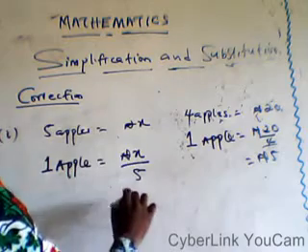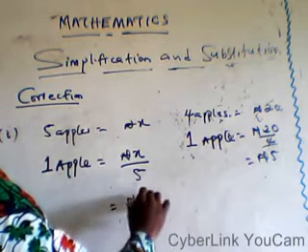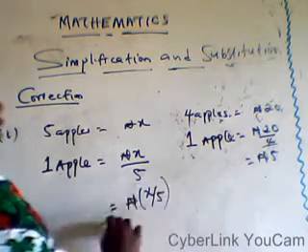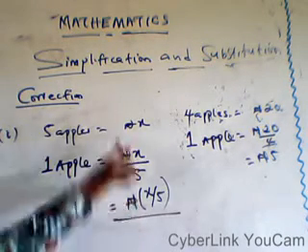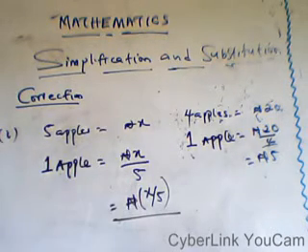That becomes X over 5 naira. This is the answer. So the cost of 1 apple becomes X over 5 naira.